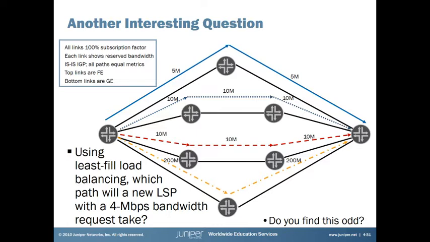Even though the bottom link has more total bandwidth available, it has only got 80% left, whereas the top link has got 95% left. So it's based on the ratio, not on the actual amount of bandwidth that is left. That's how our tie break works.